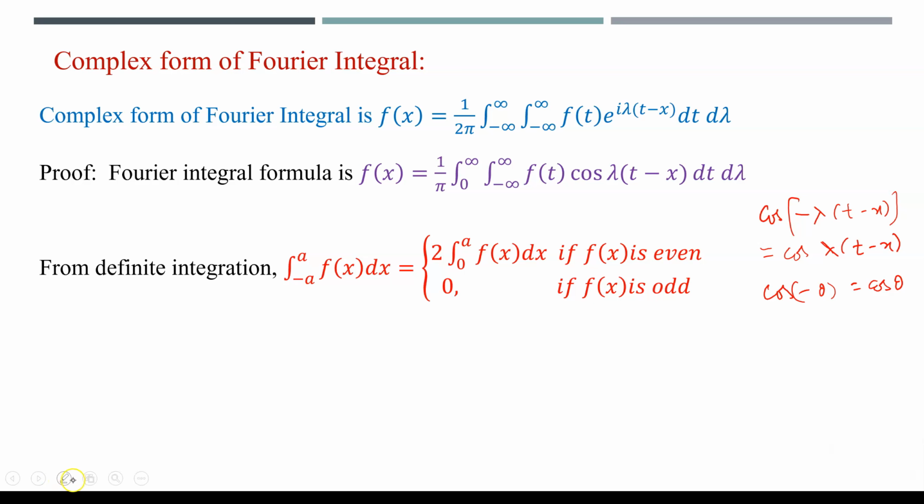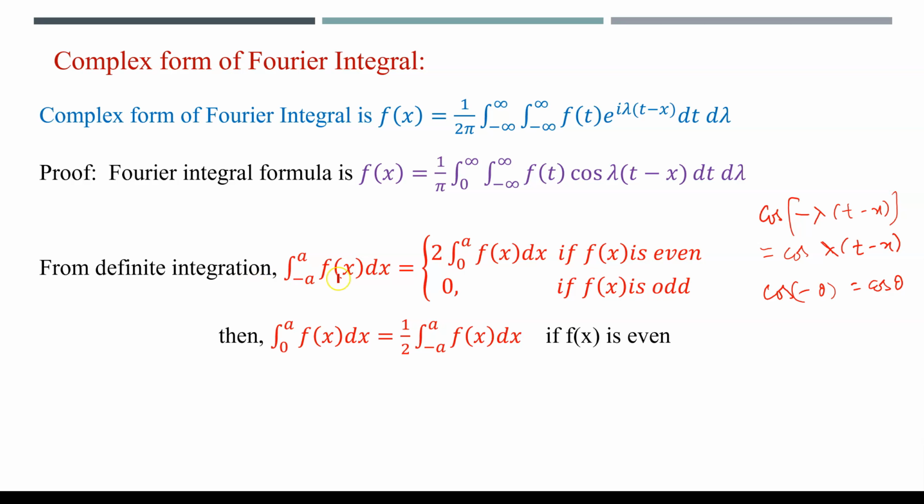So now we can write the integral 0 to infinity cos lambda into (t minus x) d lambda as 1 by 2 integral minus infinity to infinity cos lambda into (t minus x) d lambda. How? First we use this formula.